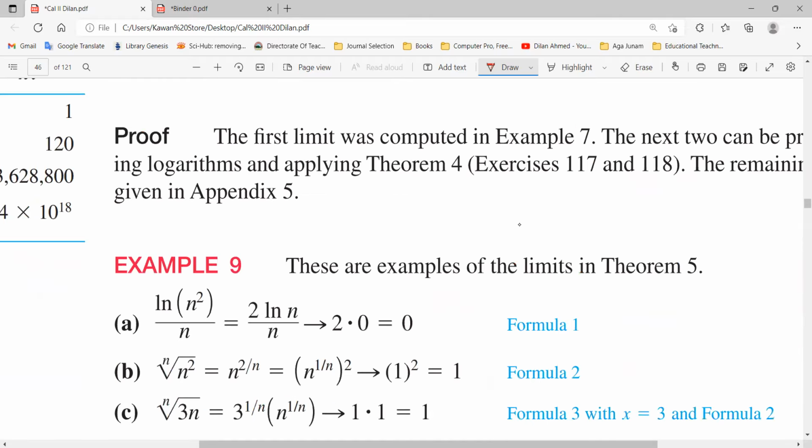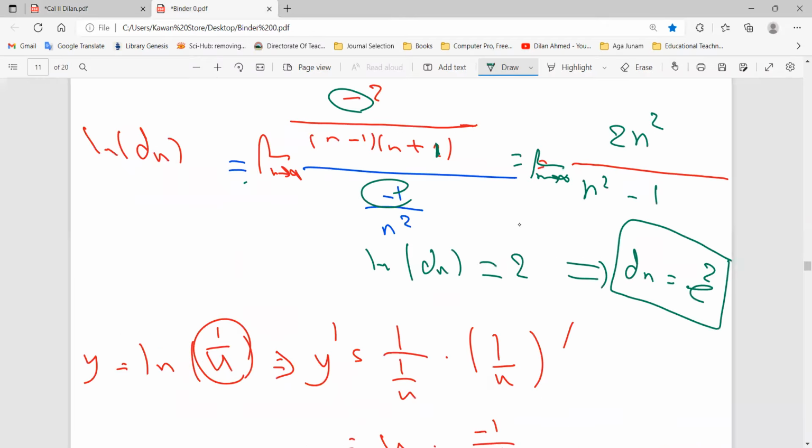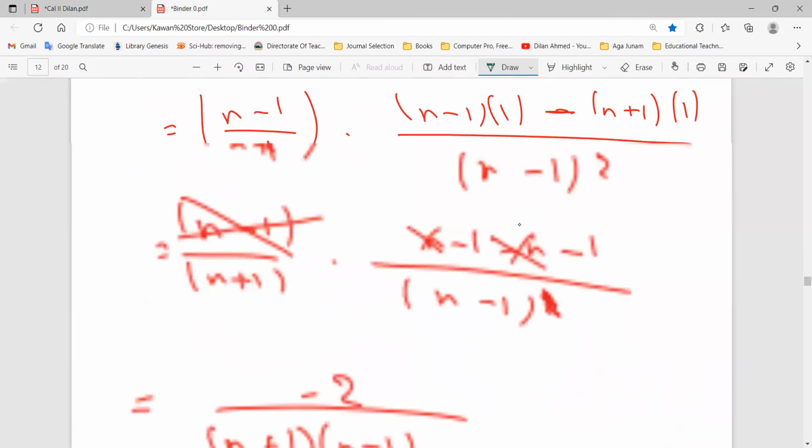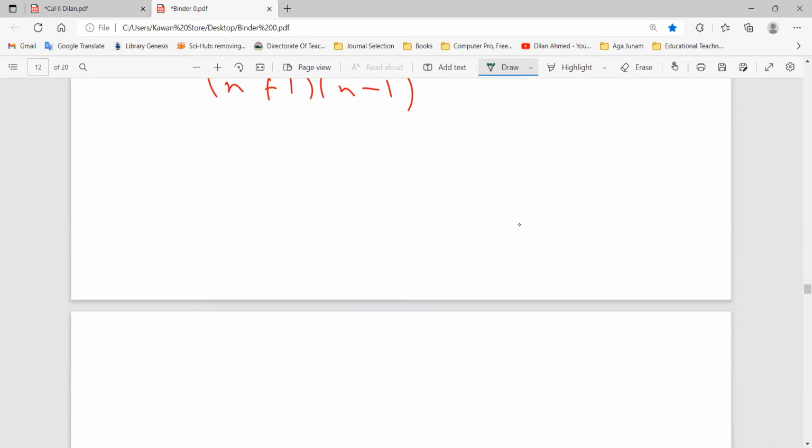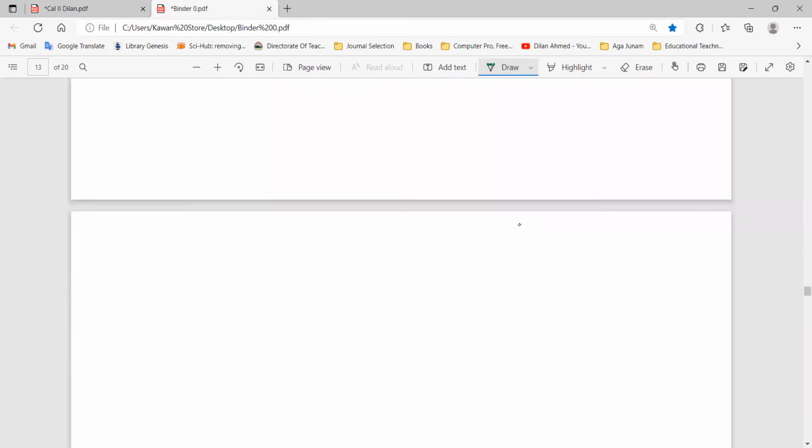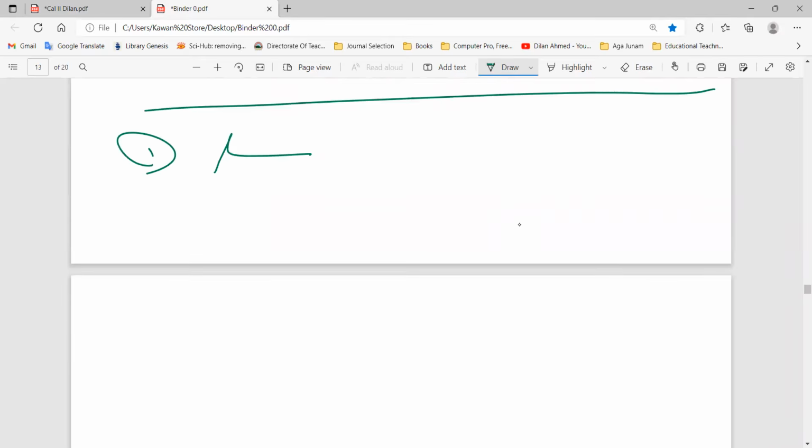So look at the example of the first. We have ln square, ln of n. So the first rule, we are going to use these in the other sections of chapter 10. So carefully, do not forget about them. The first rule, you say as n approaches infinity, ln n over n approaches what? To where? Approaches 0, equal to 0.